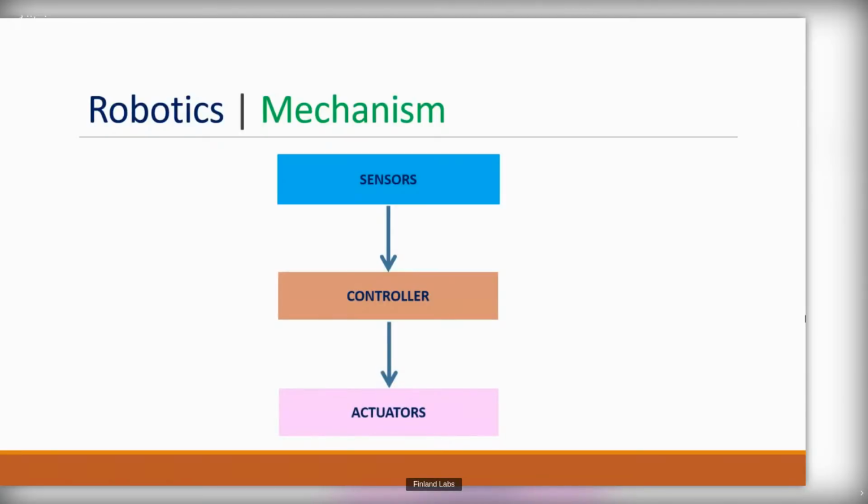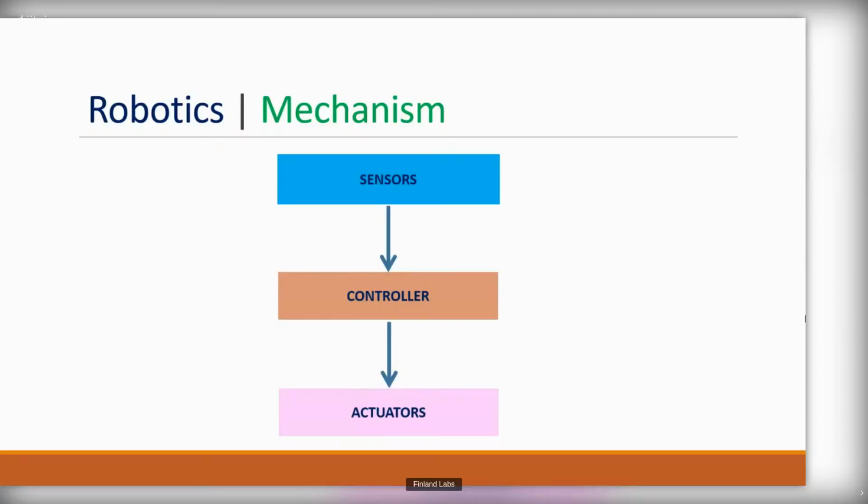Actuators are basically the devices which make movement, like motors. Motors are an example of actuators. Okay, so this is how a robot works. There is a sensor which senses some value. That input value taken by the sensor is sent to the controller.